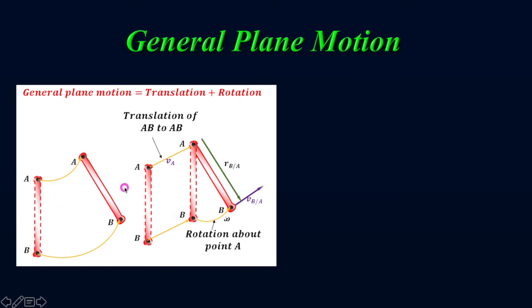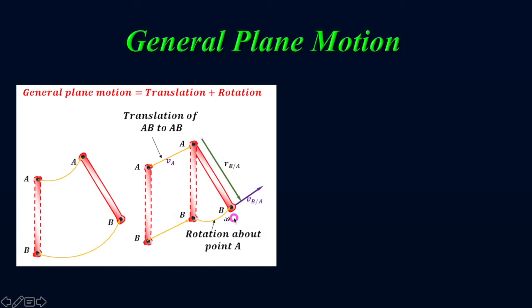Now this motion can be separated like that. From here to here, it is simply linear motion, and then about center A there is an angular rotation, and finally it reaches there. You notice the initial position is the same here and this is the final position.